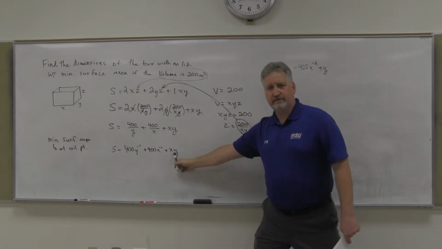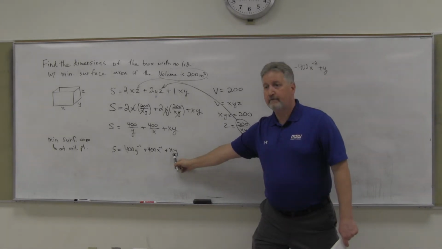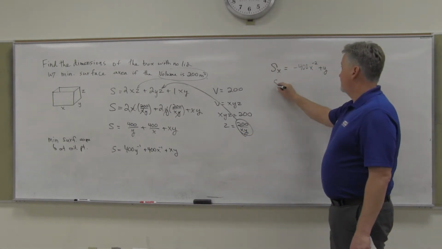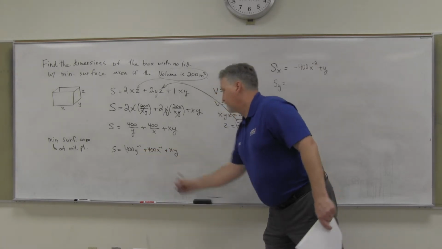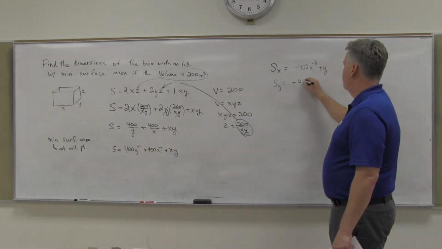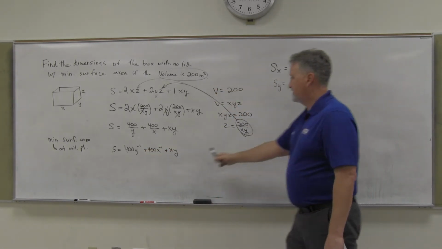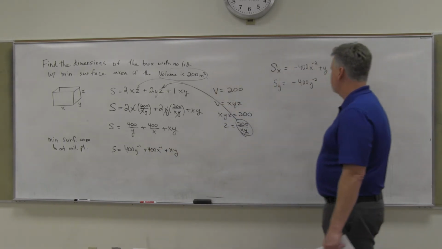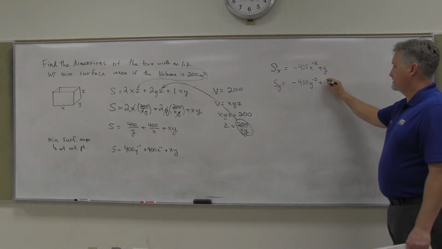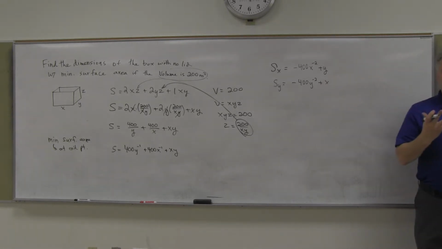The partial of that with respect to X would be just y. And we can get a similar thing for the partial with respect to y: negative 400 y to the negative 2. This one doesn't have a y in it, so it's 0, just like that one is 0 for the x. Plus the x. Is this okay? Yes?